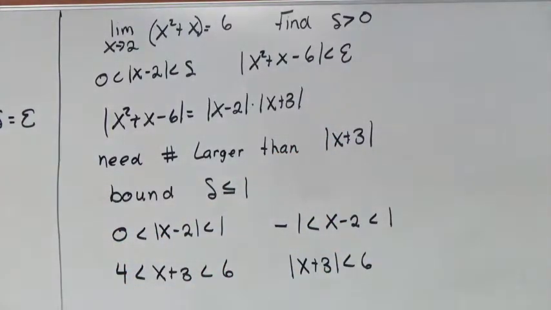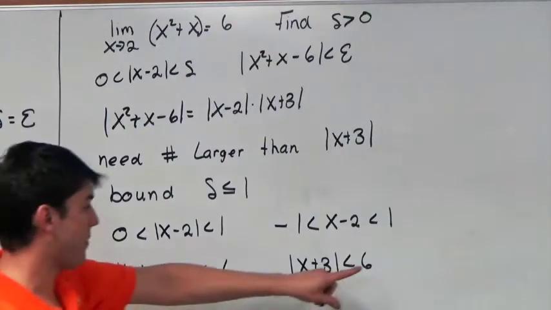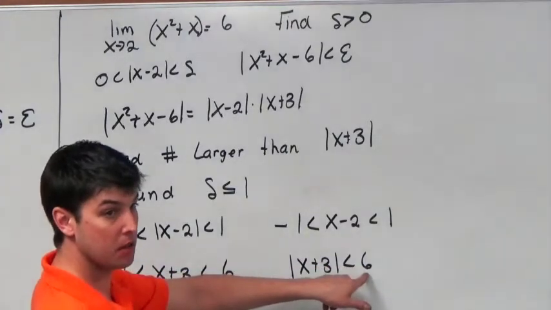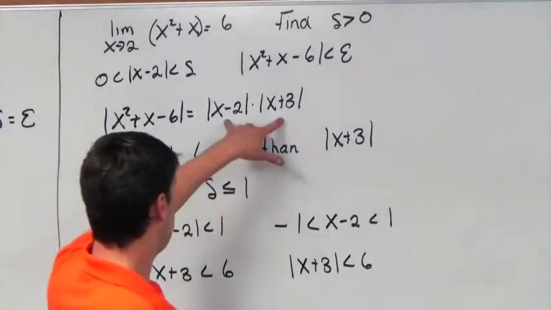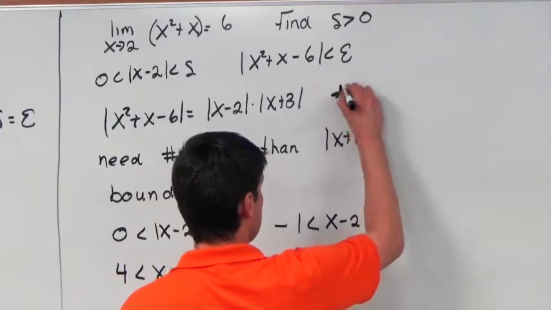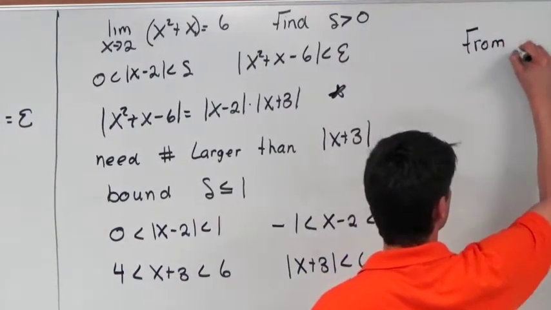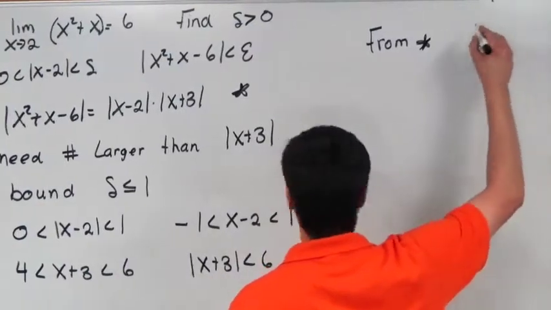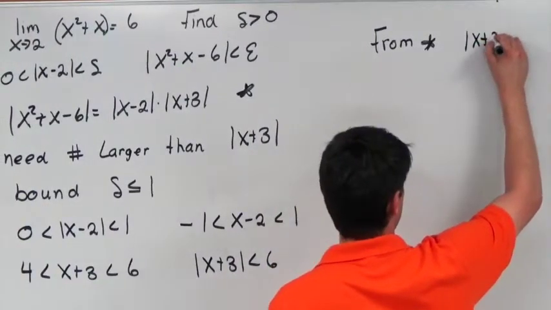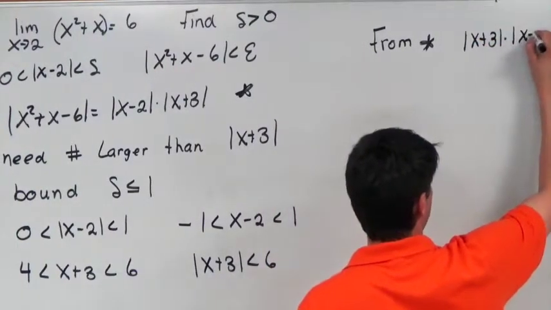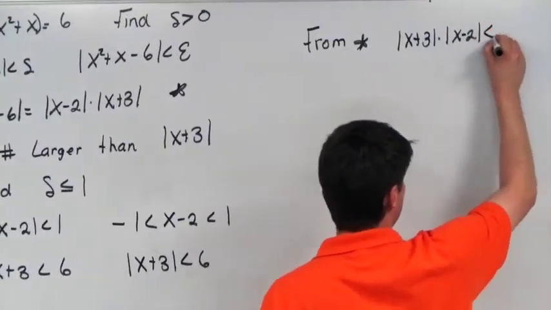All right. So earlier we decided we needed some number bigger than the absolute value of x plus 3. Well, we now have that number at 6. So we go back to this statement. I'm going to call it star. We have absolute x plus 3 times absolute x minus 2 is less than.